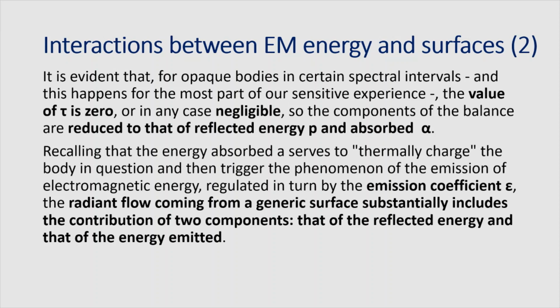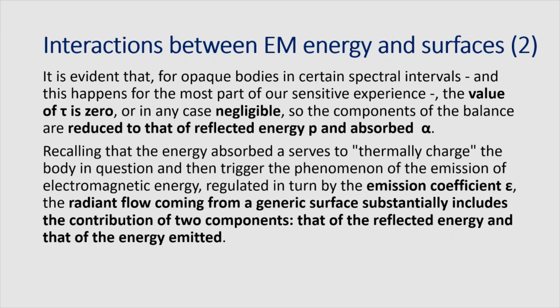This epsilon coefficient, which we will introduce afterwards, is a sort of emission coefficient, so the ability of a particular surface to emit energy. Also epsilon is a coefficient, so it ranges between 0 and 1.